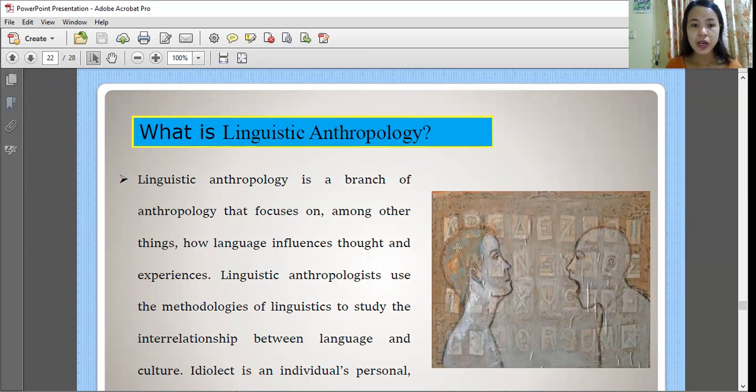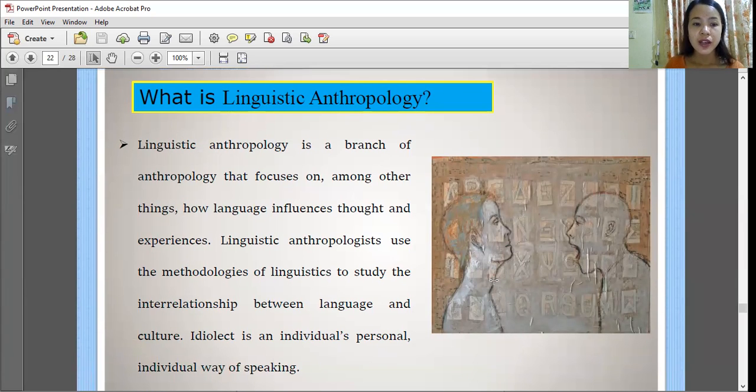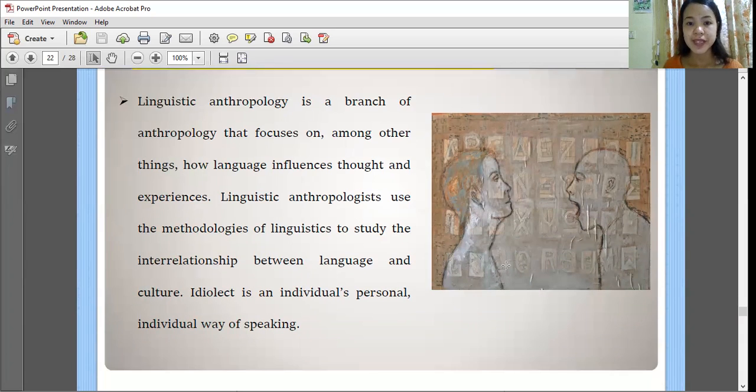Linguistic anthropology is a branch of anthropology that focuses on, among other things, how language influences thought and experience. Linguistic anthropologists use the methodologies of linguistics to study the interrelationship between language and culture. Dialect is an individual way of speaking.